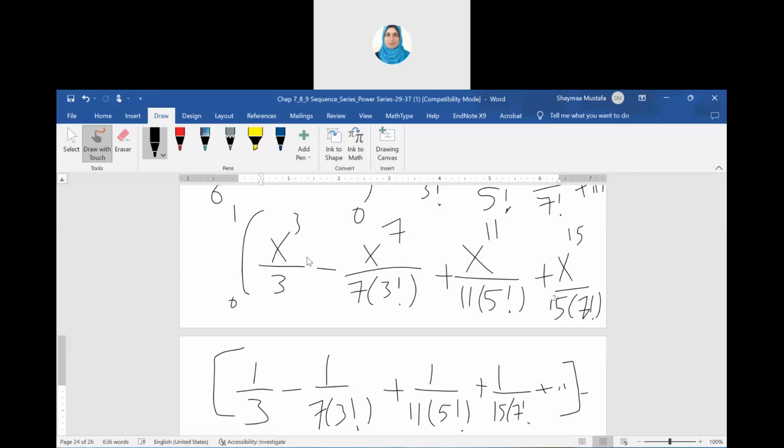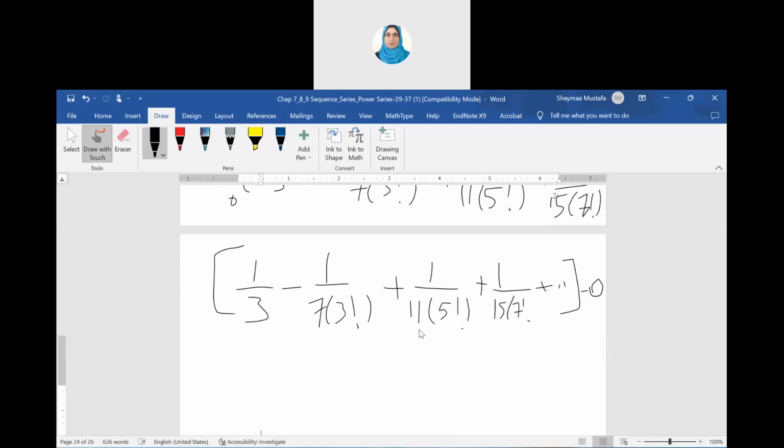Minus, now we substitute by 0, but if you substitute by 0, all terms become 0. So you need to calculate these terms.